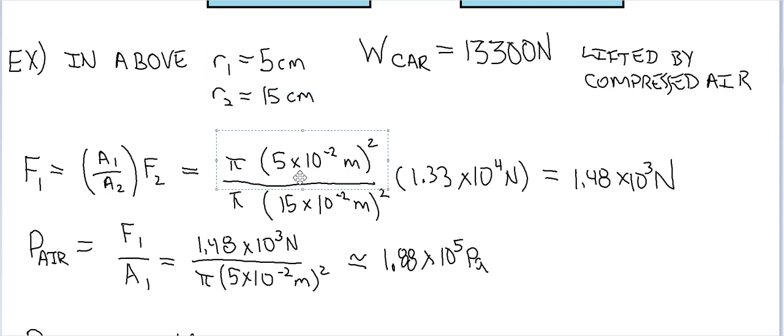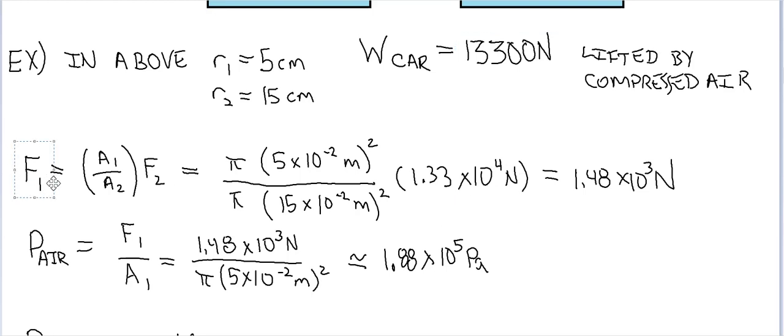A1 is just pi times 5 centimeters squared. A2 is just pi times r2 squared, where r2 is 15 centimeters. Remember the conversion between centimeters and meters, just divide by 100. And the weight of the car is 13,300 newtons, or 1.33 times 10 to the 4 newtons.